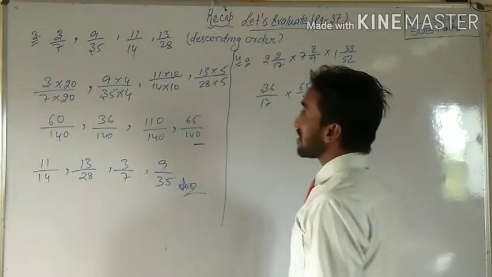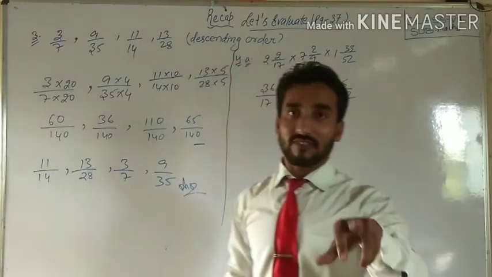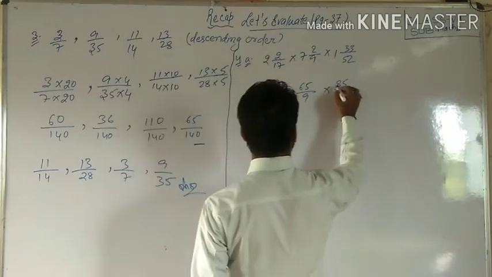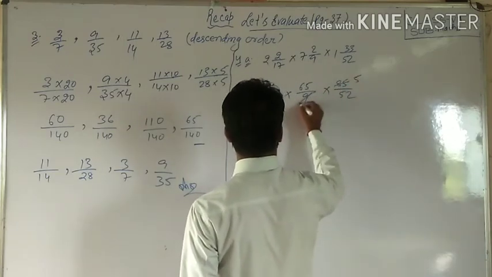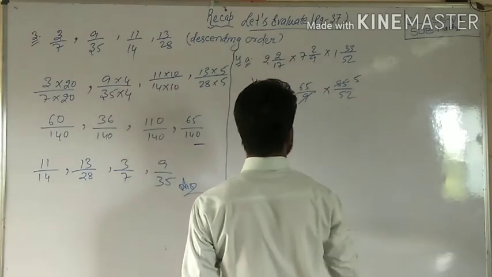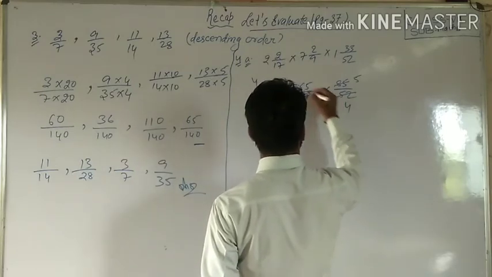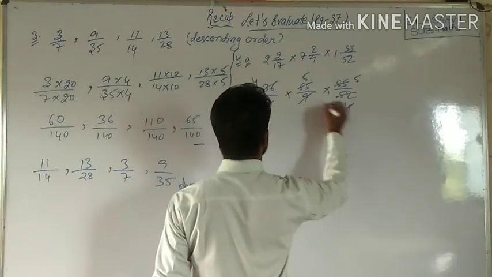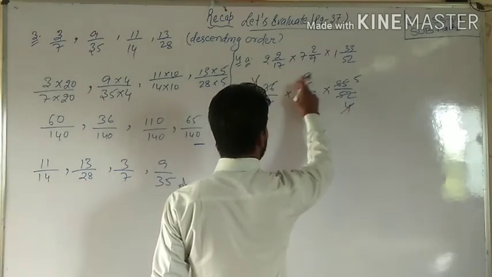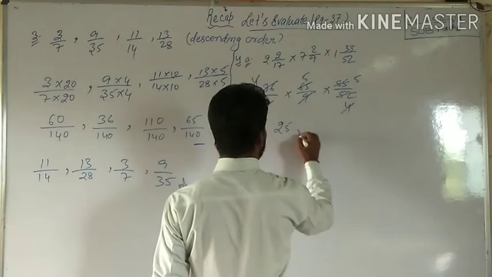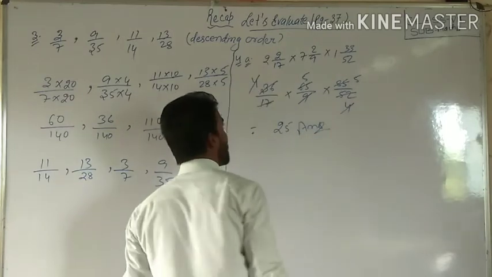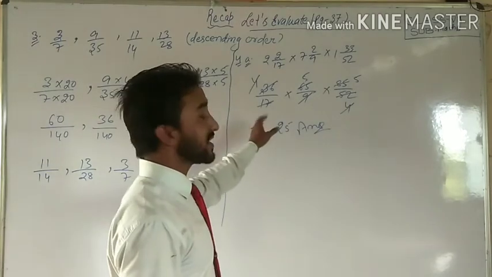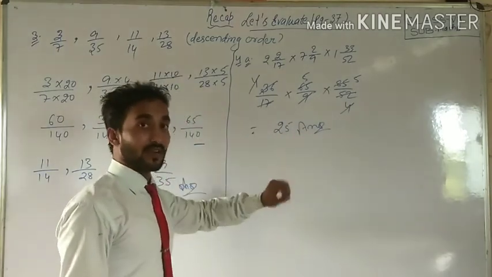Students, as you know, in multiplication or division we can divide across. 17 times 5 is 85, 9 and 36 divide by 4, 13 and 52 divide by 13, and 13 times 5 is 65. Now students, when simplifying, we can divide across as well as numerator and denominator both.